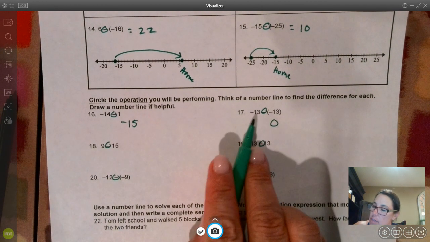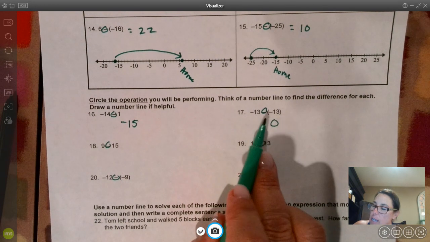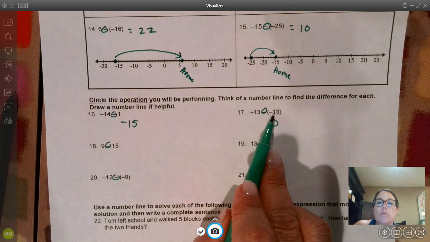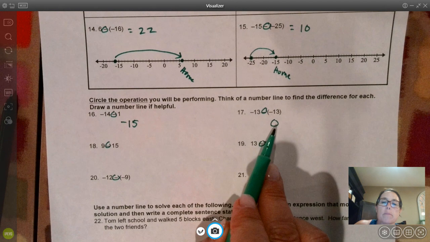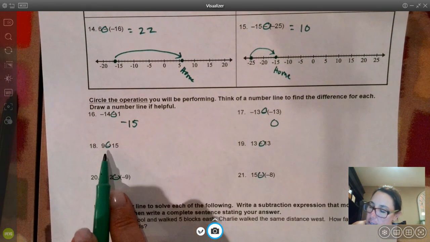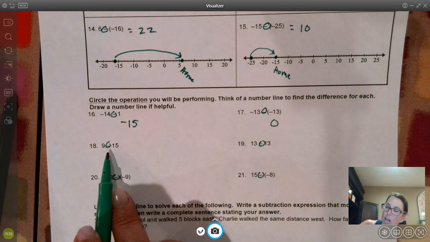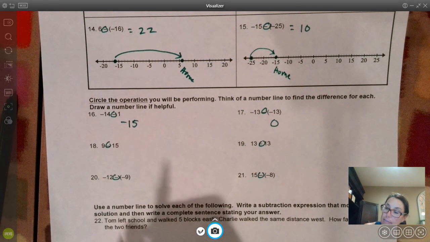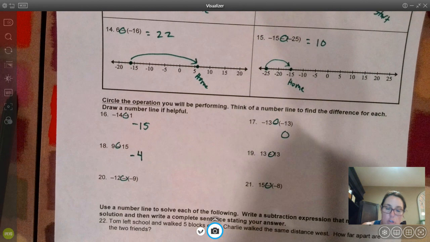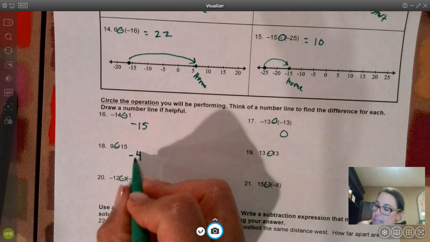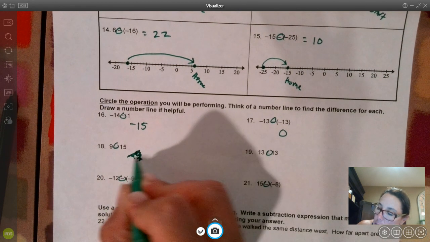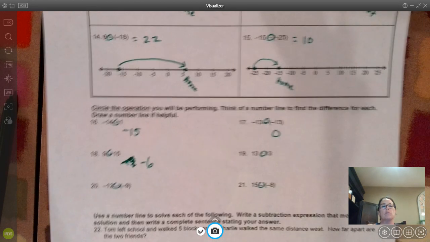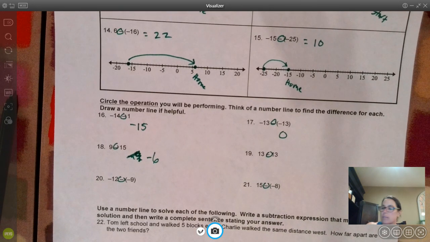If we put down 13 negatives with chips and took away 13 negatives with chips, we wouldn't have any chips sitting there, okay? All right, this guy. If I put a positive 9 on a number line and a positive 15 on the number line, I'd be going left 4 positions. I'm sorry, left 6 positions. Left 6 positions.